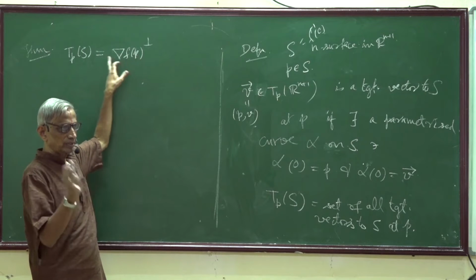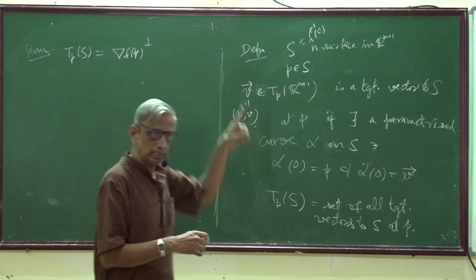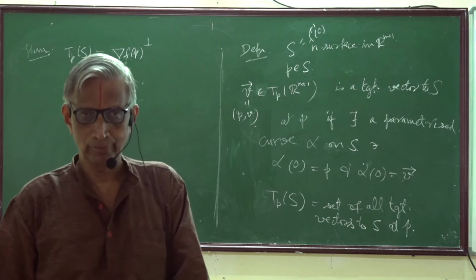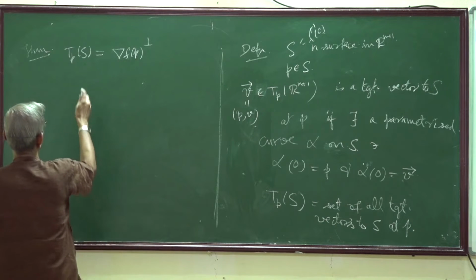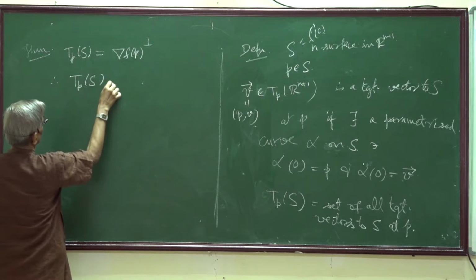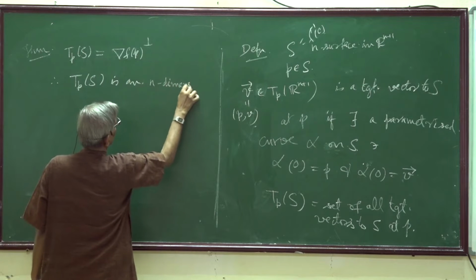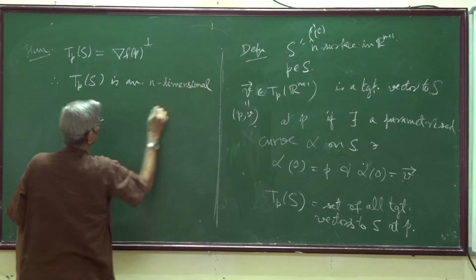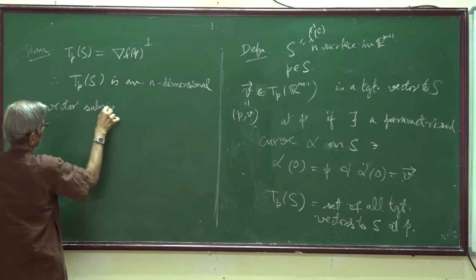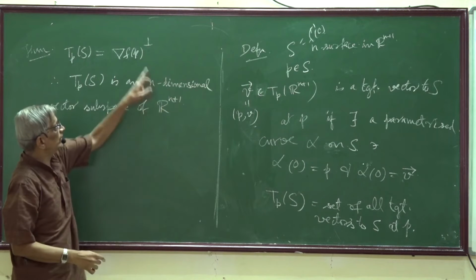So this is the orthogonal complement of a one-dimensional subspace in R^(n+1). So it is an n-dimensional subspace of R^(n+1), right? The orthogonal complement in R^(n+1).